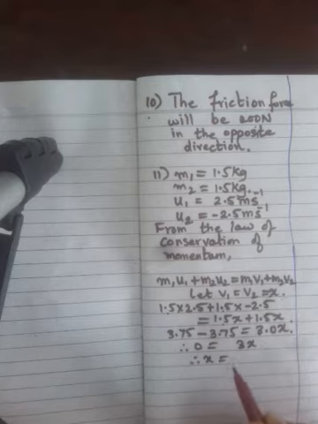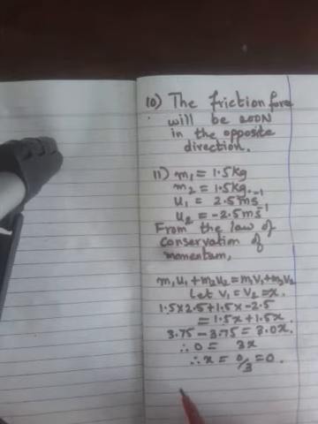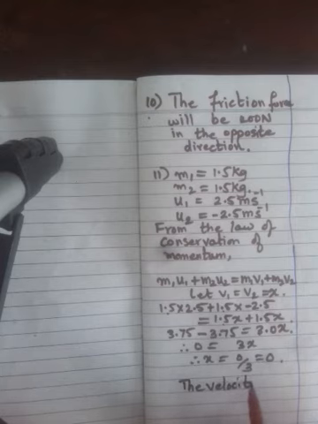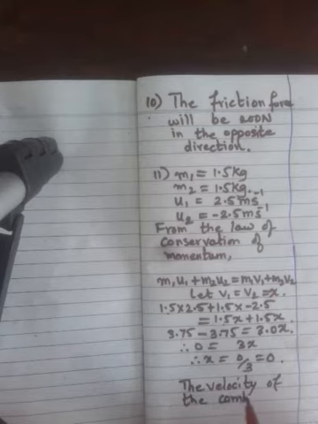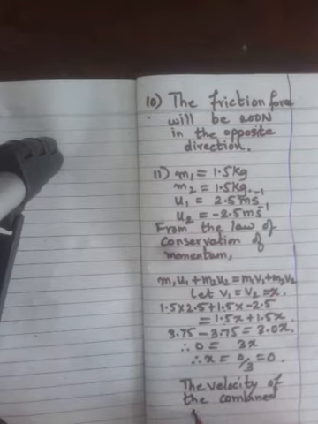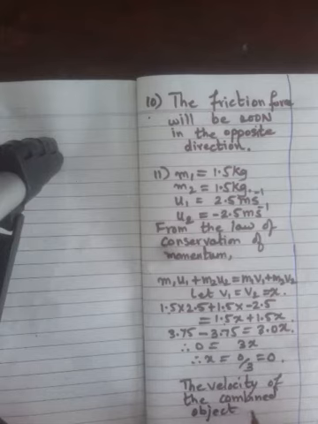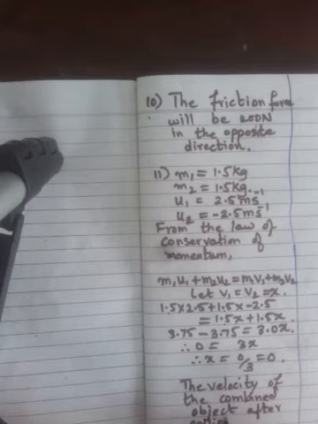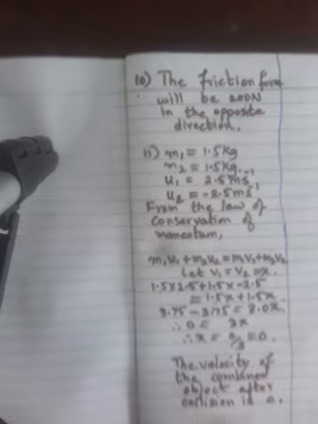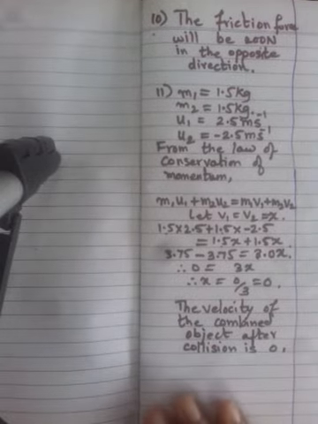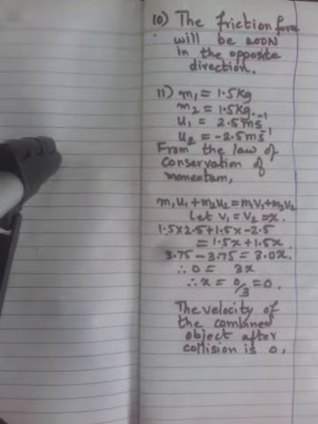So x is equal to 0 upon 3, or equal to 0. So the velocity of the combined object after collision is 0. Okay, that is the answer. Note down this answer, everyone. Let us start solving the next question now.